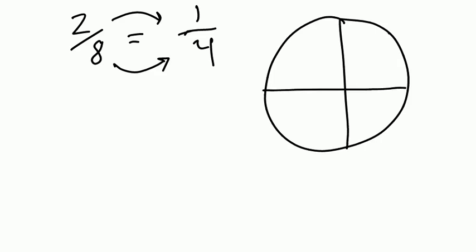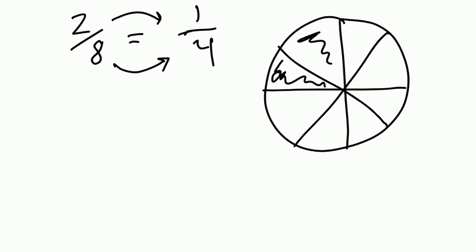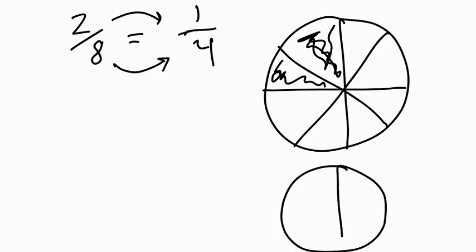Well, let's check our pizzas. So let's split this into 8 slices again. If we have 2 out of 8 slices, so this slice and this slice, and let's say we draw another pizza right underneath it. It's out of 4.